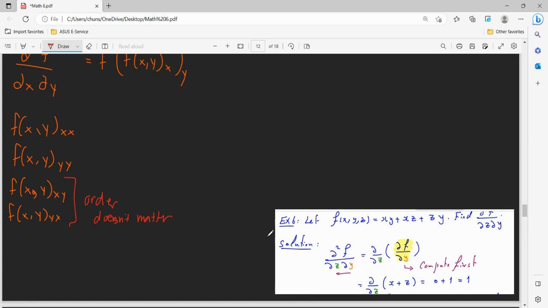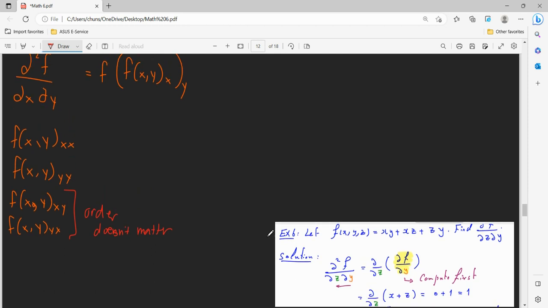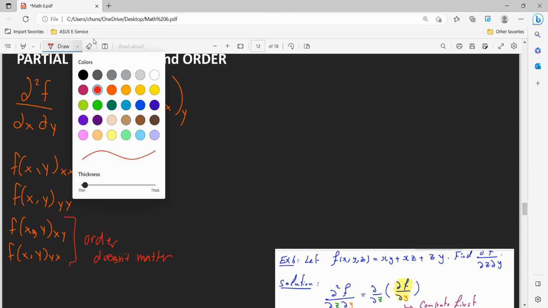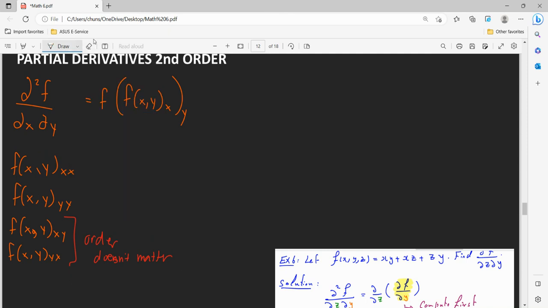Okay, so I'm going to take a look at this example here. So we are given, so we have 3 variables. It's equal to xy plus xz plus zy.